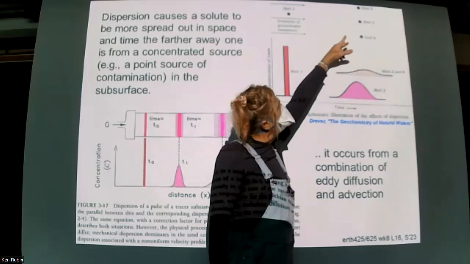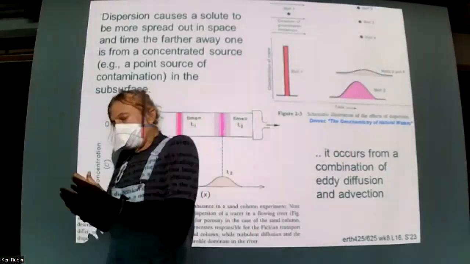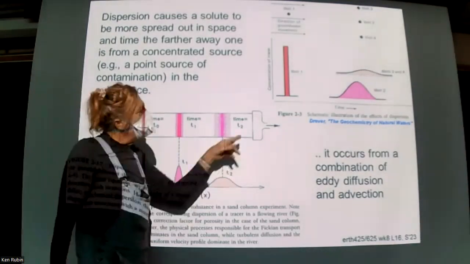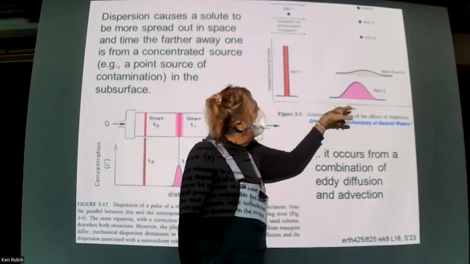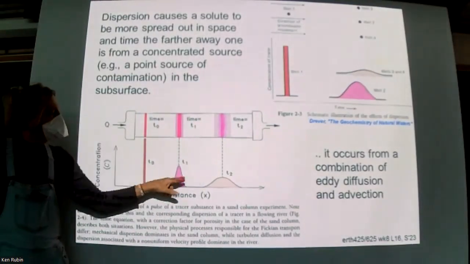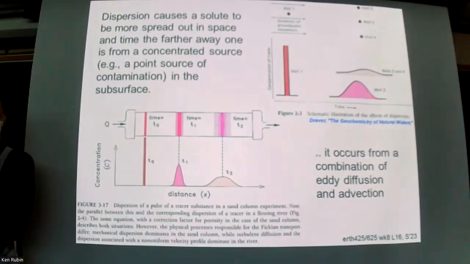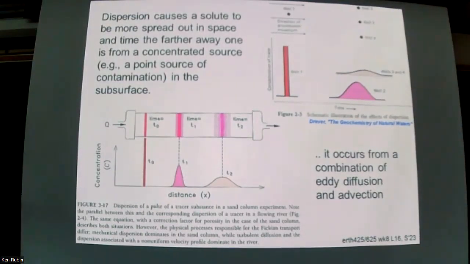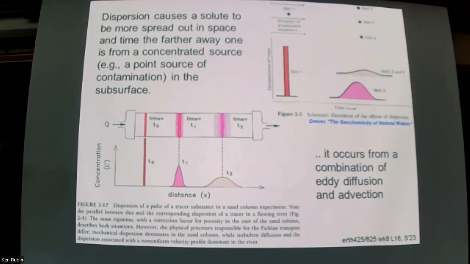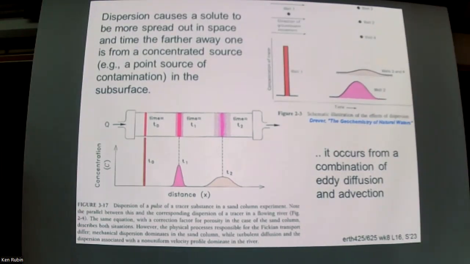And you can see that it gets to well 2 a little bit before well 3 and 4 because there's a slightly shorter distance, and so it arrives sooner, and it's more dispersed at wells 3 and 4 because there's more of this kind of effect. That's what this is trying to illustrate. The longer the distance at a constant rate of flow, the more dispersion is going to cause a chemical to disperse in the subsurface.